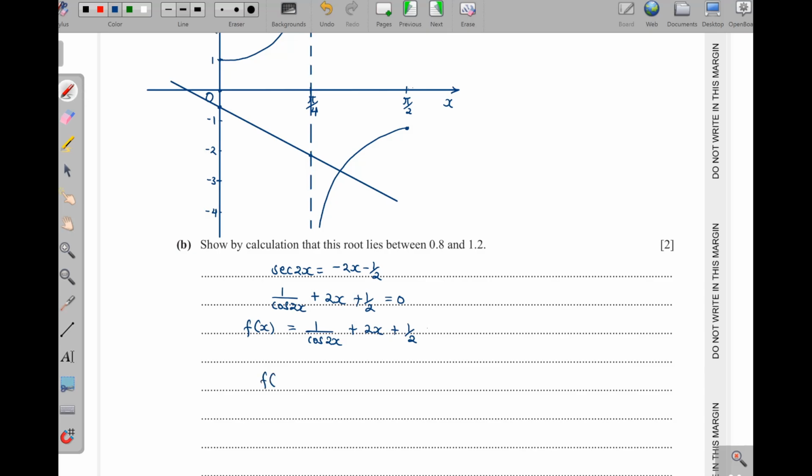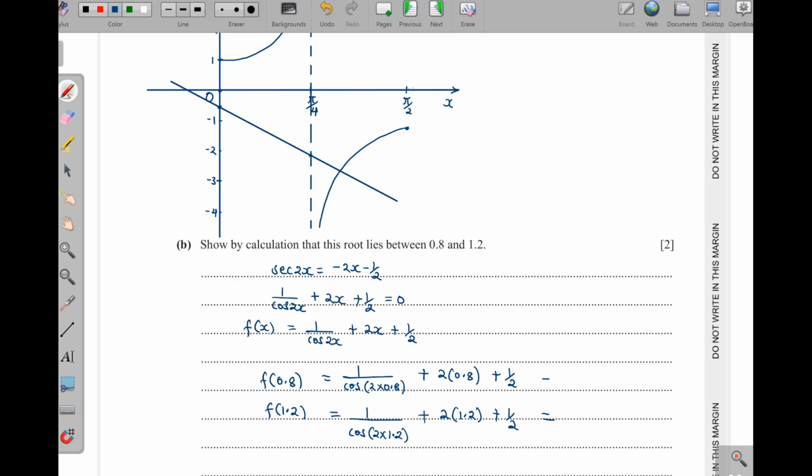We have to put f of 0.8 and then also f of 1.2. So we shall have 1 over cosine of 2 times 0.8, plus 2 times 0.8, and then we add a half. Same thing here: 1 over cosine of 2 times 1.2, plus 2 times 1.2, plus a half.